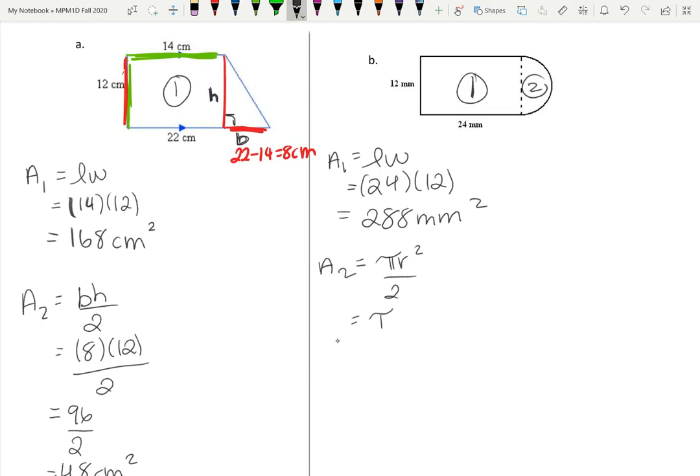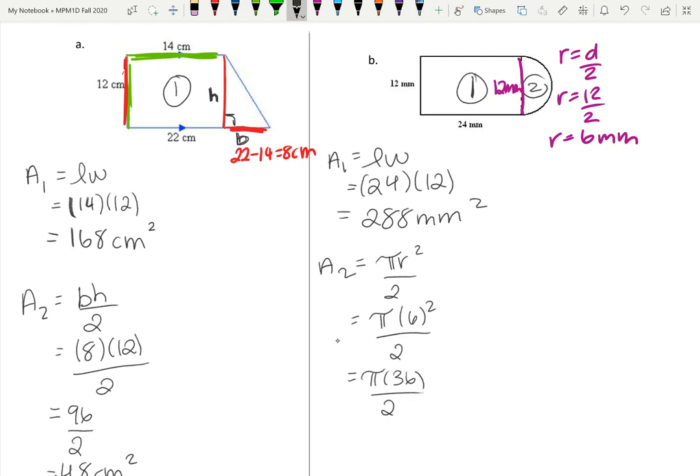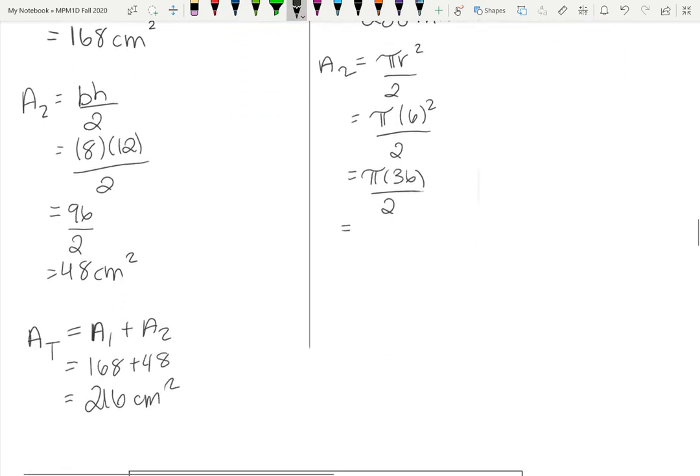So pi, now I need an r value. So from here to here, it's 12 millimeters. So that's my diameter. So r is equal to diameter over 2, 6 millimeters. Okay, so I'm going to multiply 36 by pi.